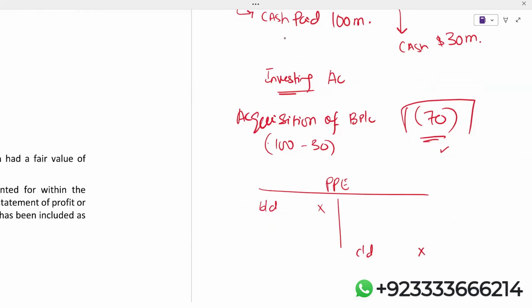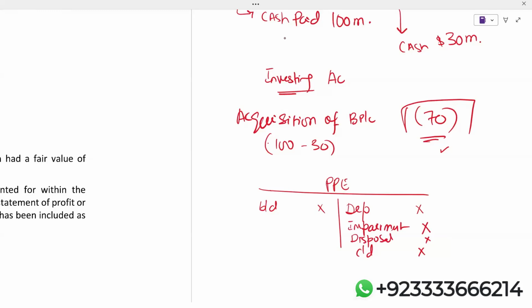Due to depreciation for the year, your property, plant and equipment carrying amount will reduce. If there is any impairment loss, that will reduce the carrying amount. If there is any disposal, that will also reduce the carrying amount.